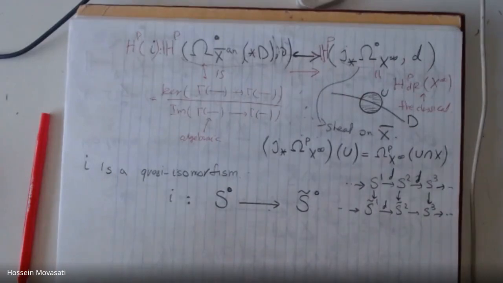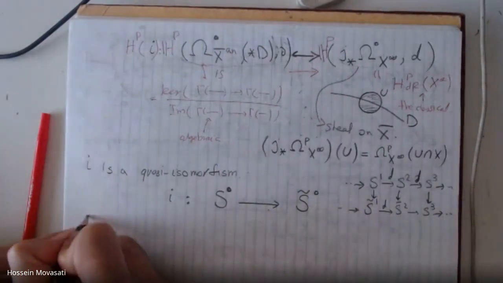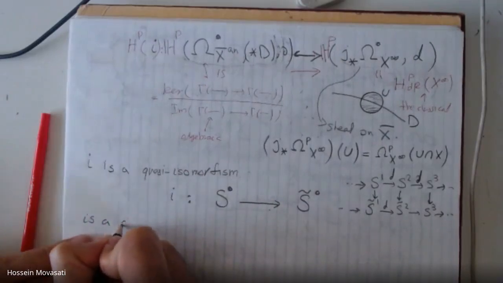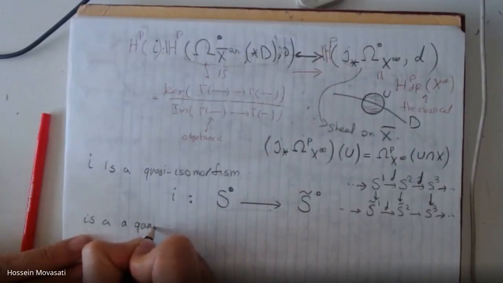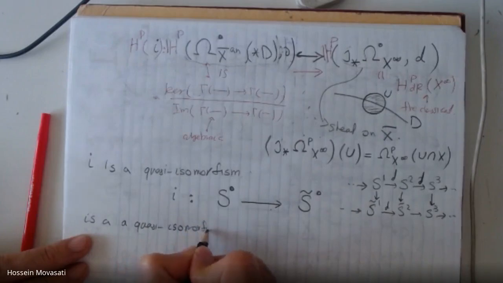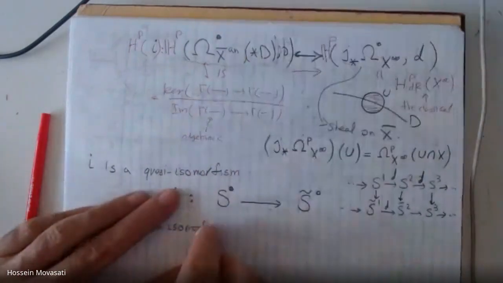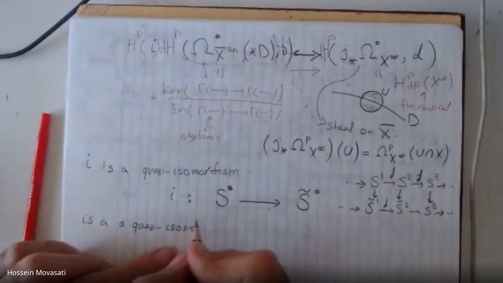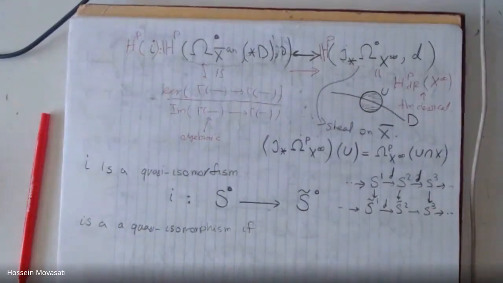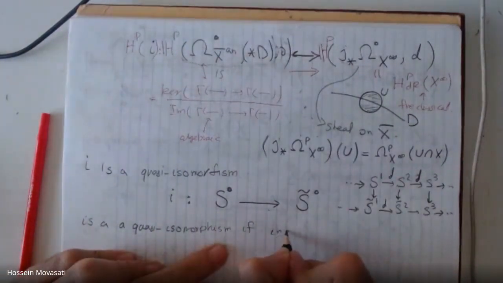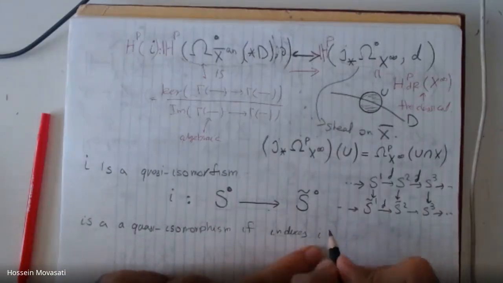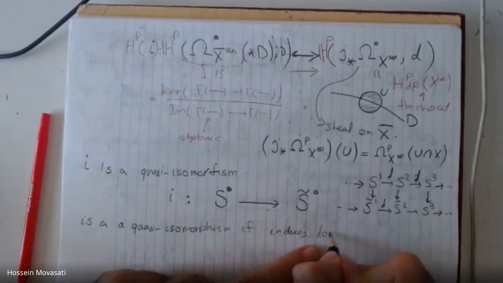And what is I? I is a quasi-isomorphism if it induces a local isomorphism.